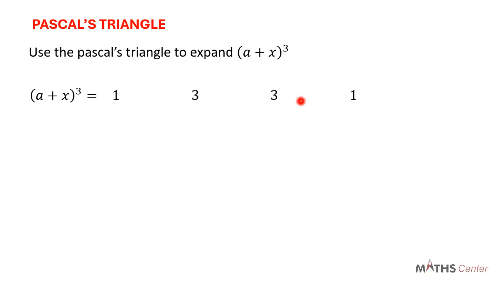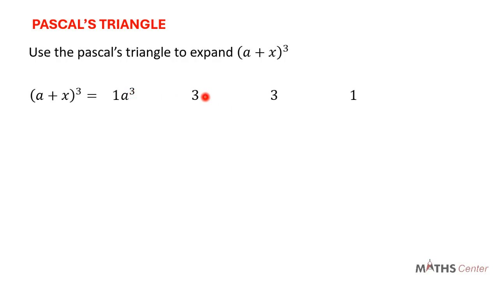Okay. Now, after writing down the coefficients of the expansion, the next thing that you do is that you will take the first term in the binomial expression. Here, the first term in the binomial expression is a. Then you will give the exponent on the expression to a. So here, a will have an exponent of 3.